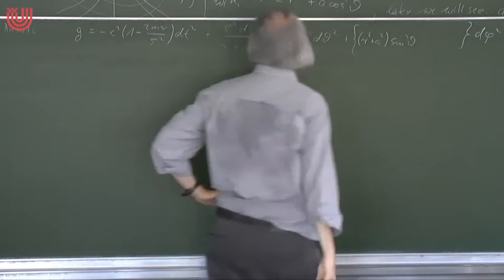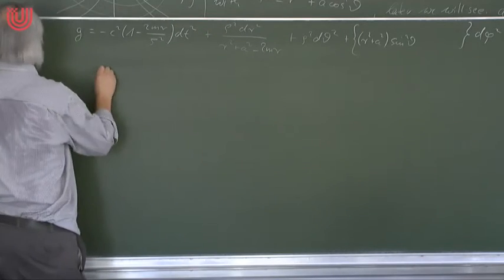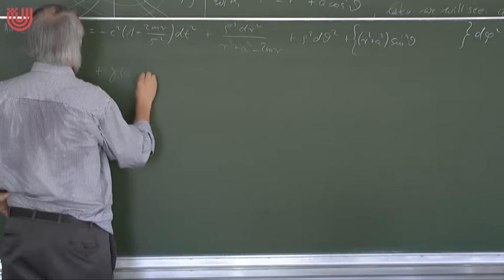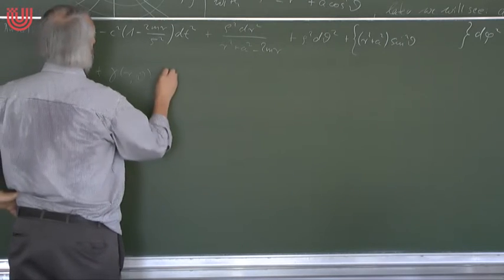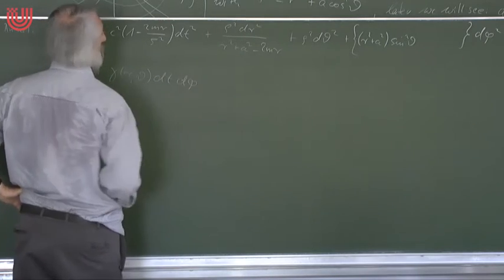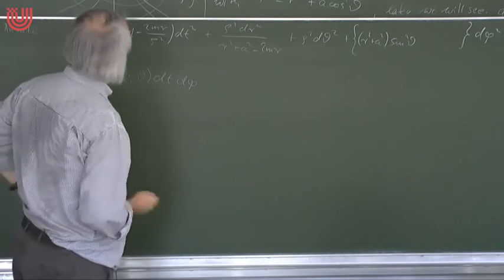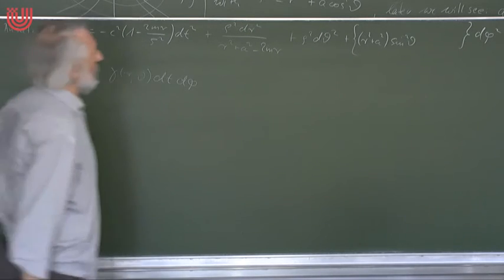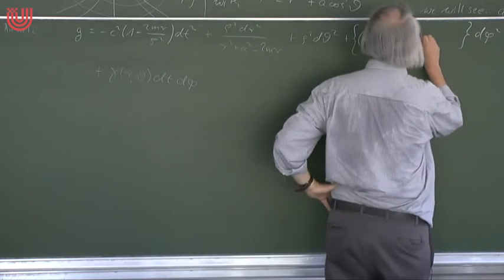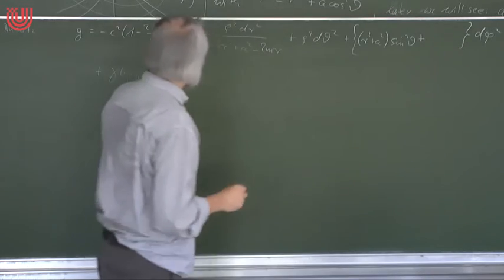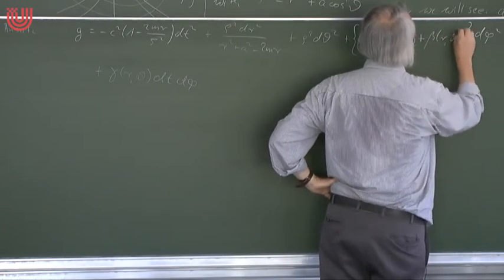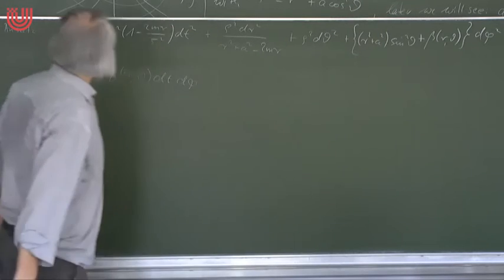Then d phi squared, and we certainly would need a cross term. Let's write it gamma. It should depend only on r and theta because we don't want to spoil the symmetry, times dt d phi. So that would be the thing which we would try first. And then you would find that you cannot satisfy the field equation in a non-trivial way, which means with a different from 0. And then you would add another term, and then it works.